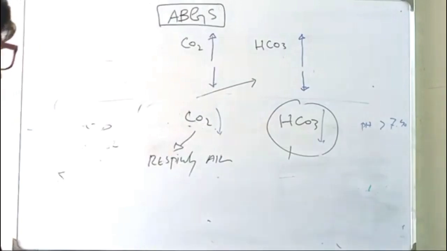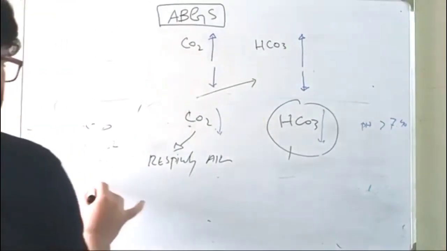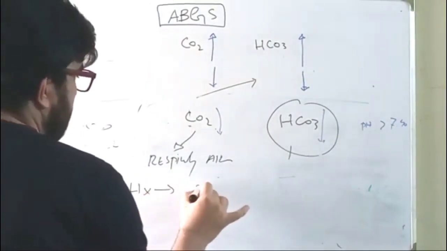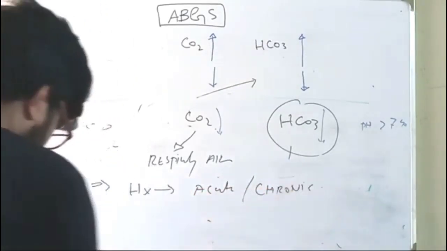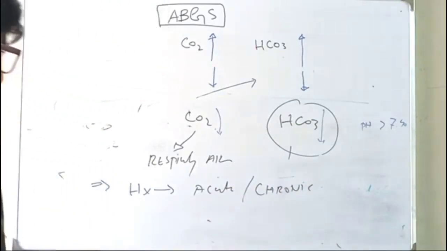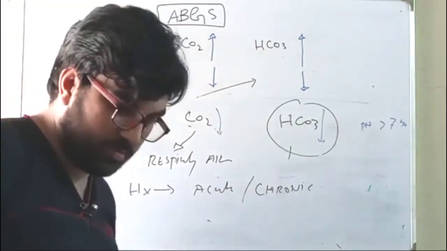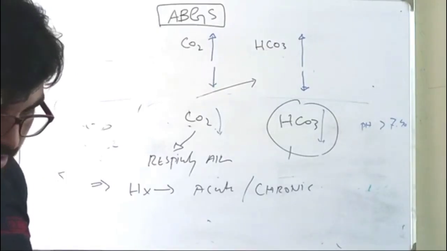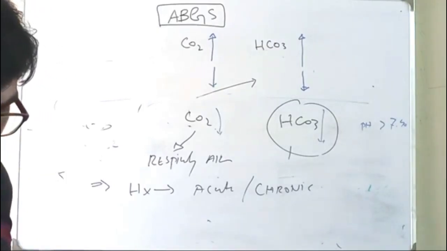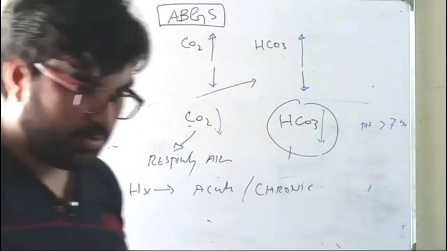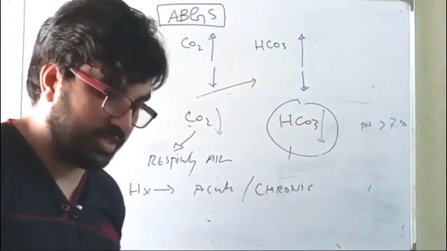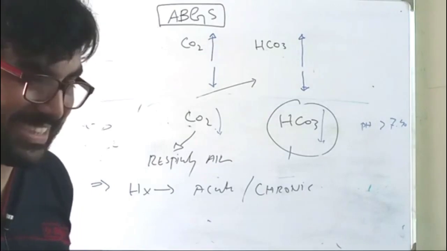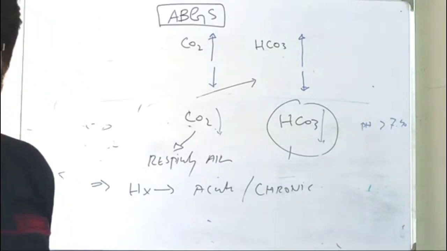So this is respiratory alkalosis, and for respiratory alkalosis again we need history, whether this is acute or chronic. So apply the formula we already discussed. For acute respiratory alkalosis, a decrease of 10 mm CO2 would decrease bicarbonate by 2, and for chronic respiratory alkalosis, a decrease of 10 mm CO2 would decrease the bicarbonate by 5 mm.